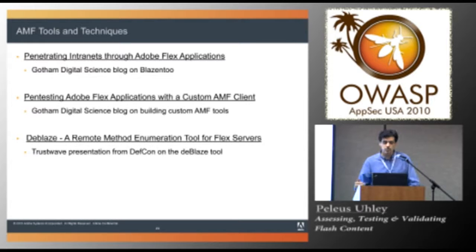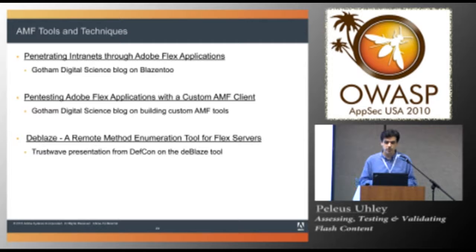If you want to learn how to use these tools and you're interested in doing AMF testing, they've published blogs which explain the tools and how to use them. In addition to explaining the Blazentoo tool, Gotham Digital Security also posted a blog on writing custom AMF tools.